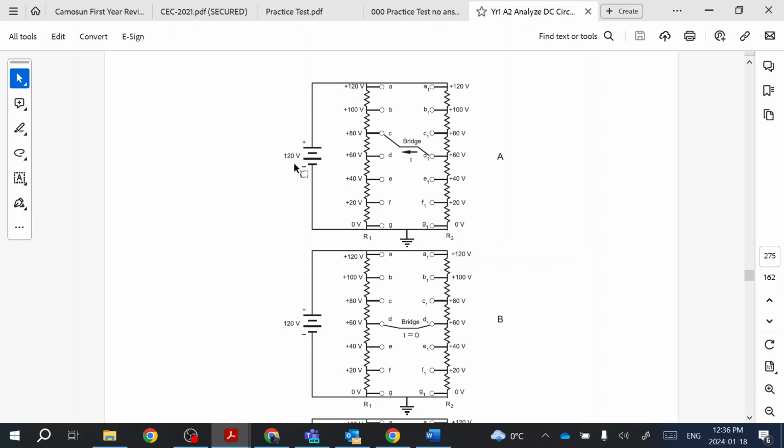So if we take 120 volts divided by 6, there's going to be a voltage of 20 volts across each individual resistor in this branch. Because they're in parallel, you're going to see the same thing in the circuit's counterpart branch here. Okay, so that's your traditional bridge circuit.